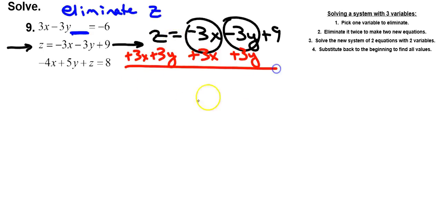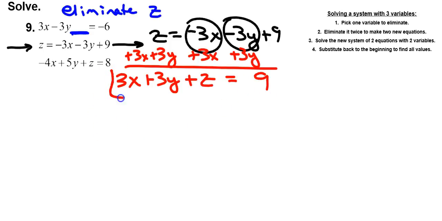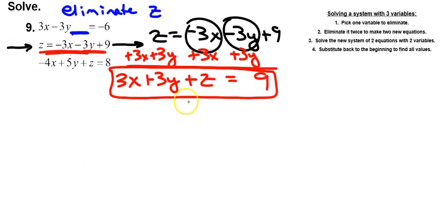That's going to give me 3x plus 3y plus the z that was already there is equal to 9. This is the equation I want to work with. It's the same version of this, but it's a nicer version if I'm going to try to do elimination in the other part of the problem.